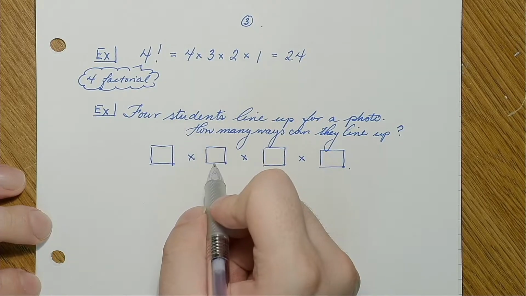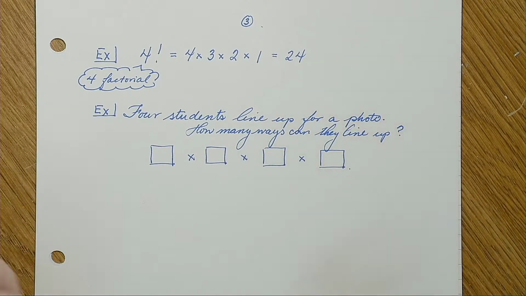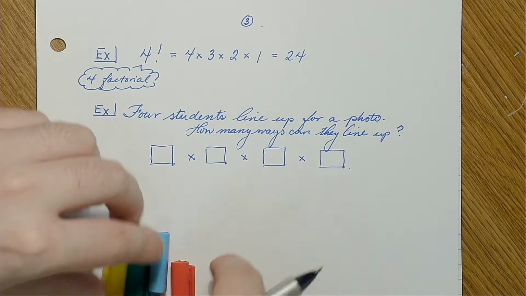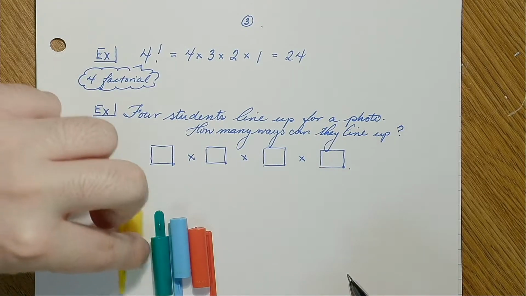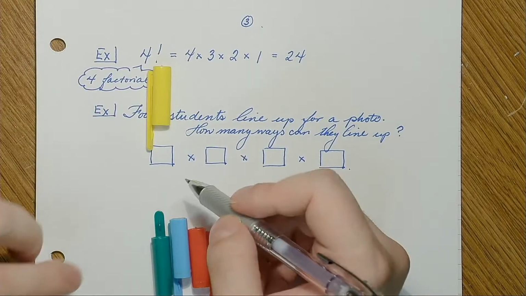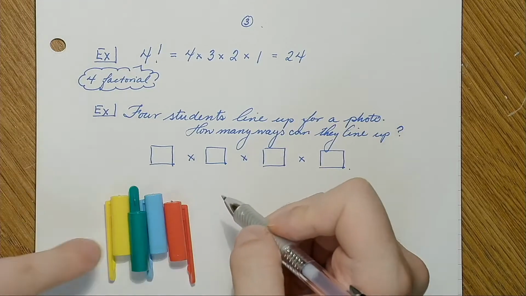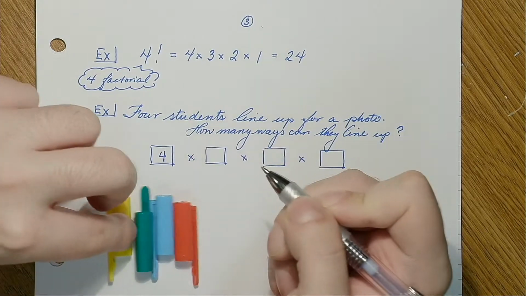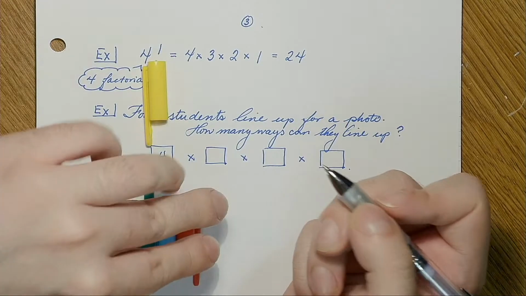And then I will pick another student for the second spot and the third spot and for the fourth spot. So again, having my little 4 pen caps, if I pick one, such as that, there's 4 choices that I had initially. So starting out here, I had 4. I pick 1, and then I move on to my next choice.